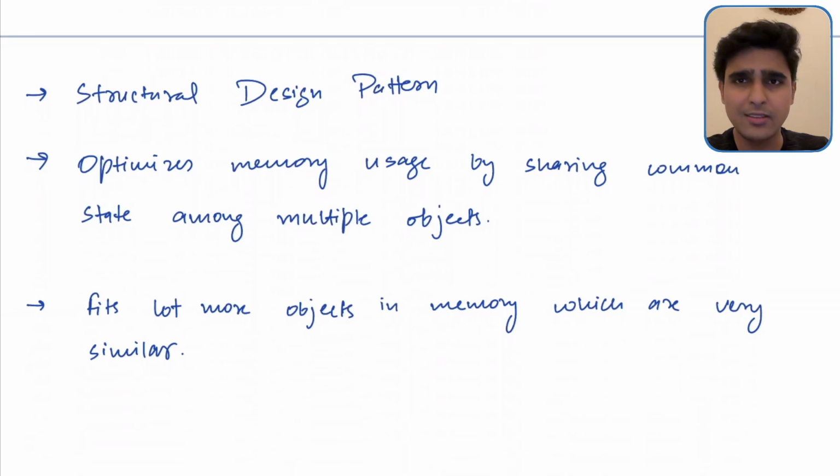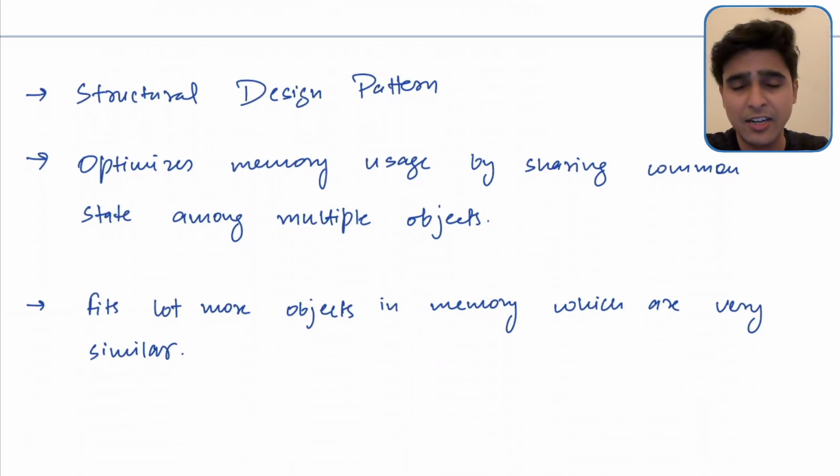First of all, it's a structural design pattern and it has only one job. It optimizes memory usage by sharing common state among multiple objects. We will understand what it means to share common state among multiple objects.